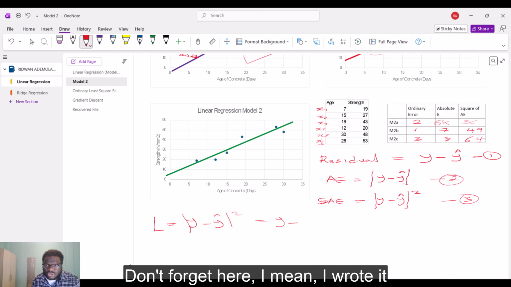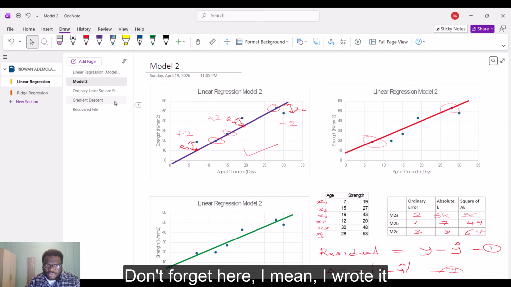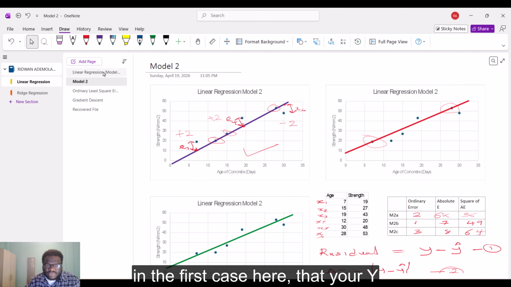I can rewrite this as y minus y prime. What is y prime? Don't forget, I wrote it in the first case here, that your y prime, which is the predicted y, is simply b naught plus b1x, okay? So in here, instead of writing y prime, I can substitute that into this equation and write, in a bracket, b naught plus b1x, then I'll bring in this back, then squared.